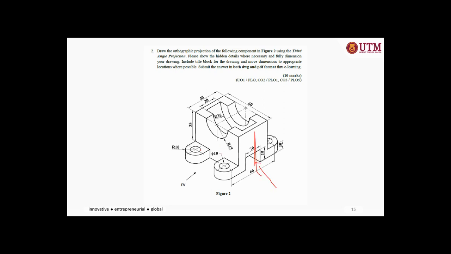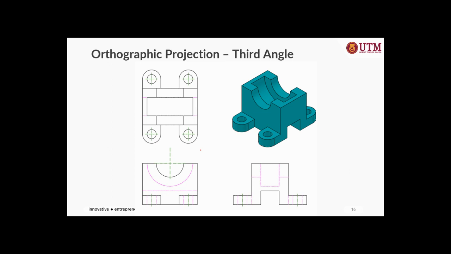We have seen the answer more or less like this, where the top view is such, the front view is such, and the side view is such. This is a third angle projection without the dimension. You can see the hidden line as well as the center line.